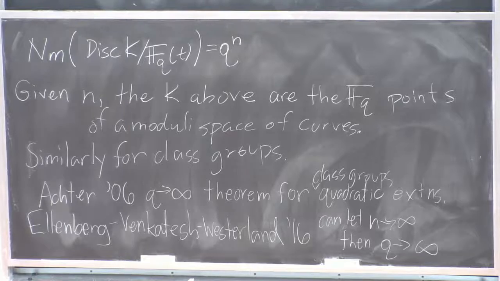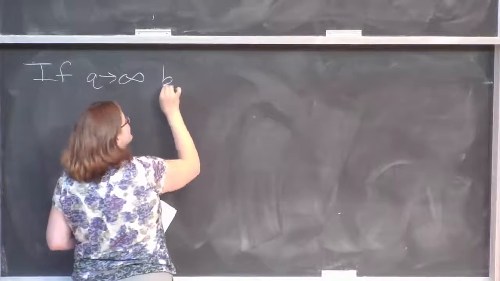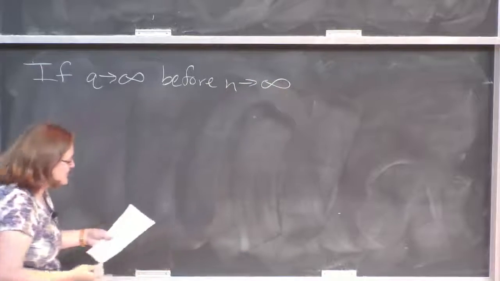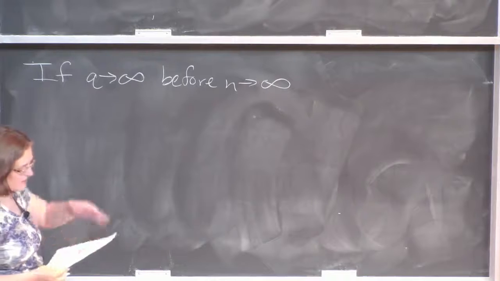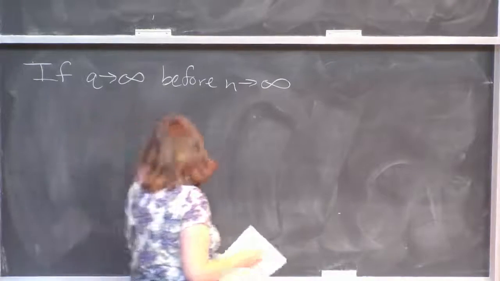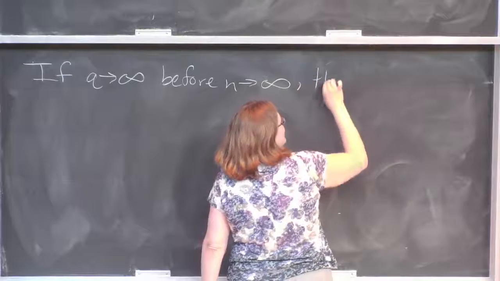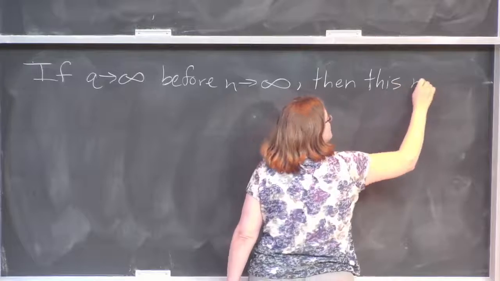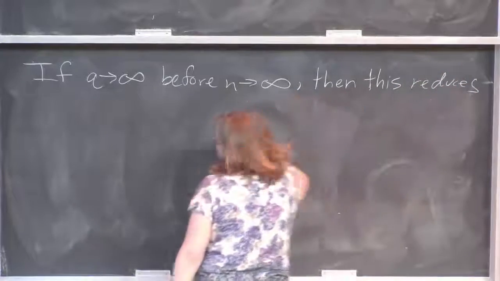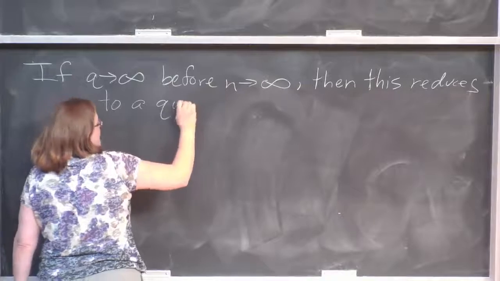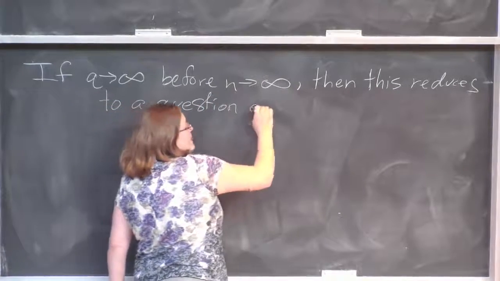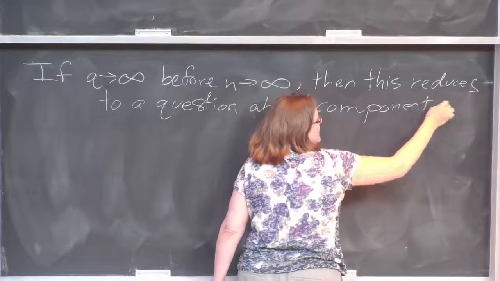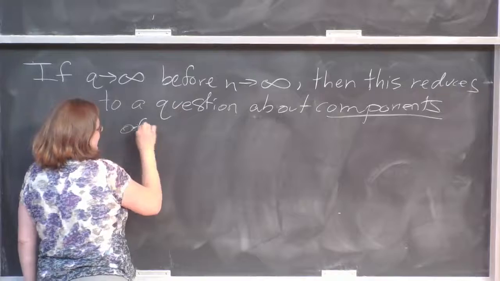If q goes to infinity right away, before n goes to infinity, in the problem, which already had this limit as n, which is here the exponent of our discriminant, going to infinity, then this reduces to a question about the components of the moduli spaces.